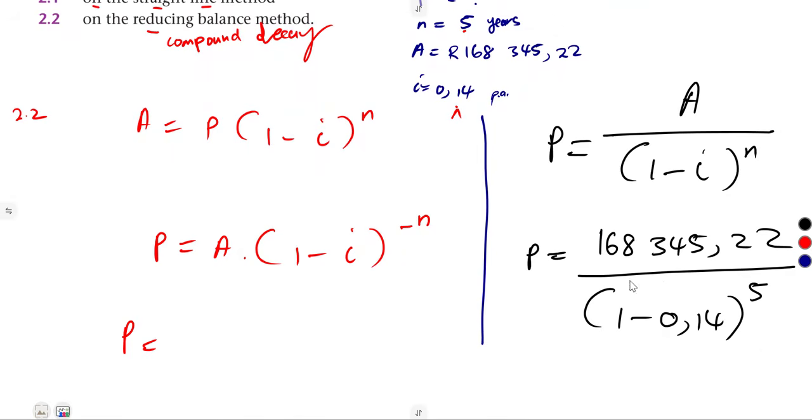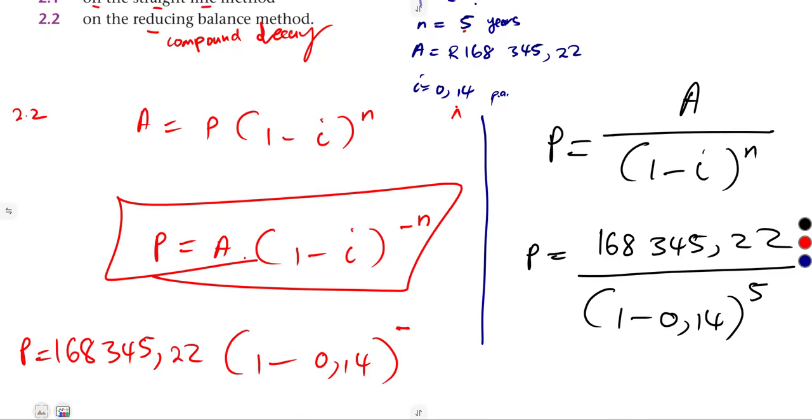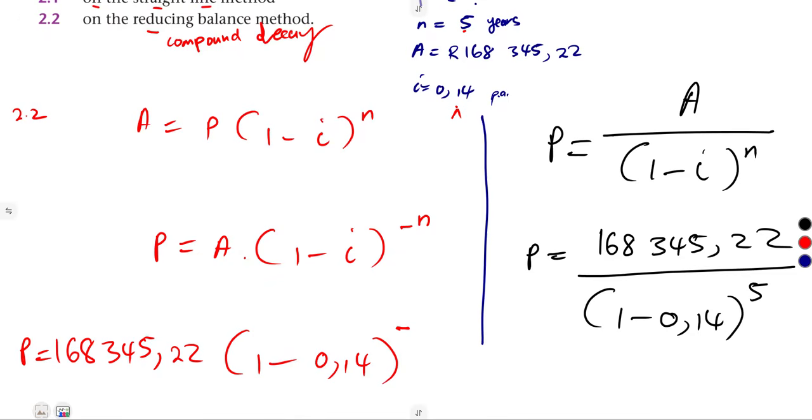So what is our A? We insert our values. Let us take this one. So P is equal to our A, 168,345, comma 22, into 1 minus i, which is 0,14 as a decimal. But this time we have a negative exponent, just because of the presentation you want to use. It is in your hands. So that's to the exponent of negative 5.